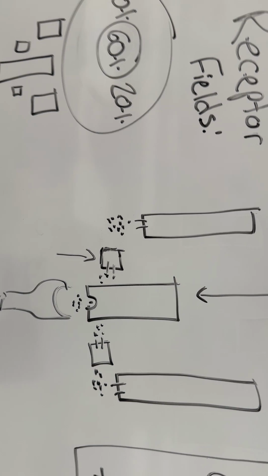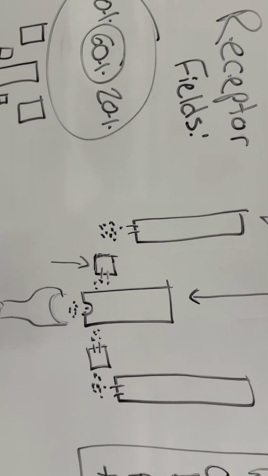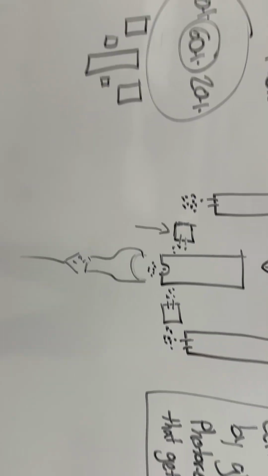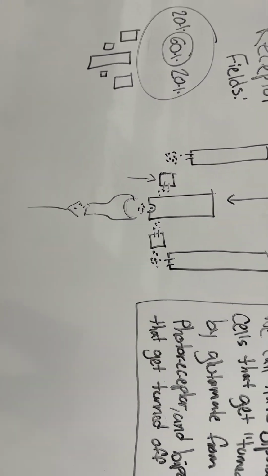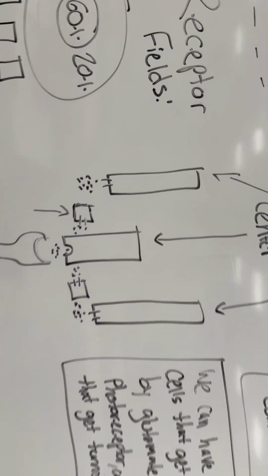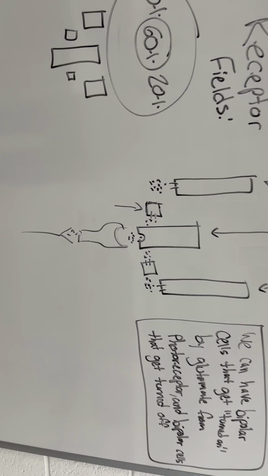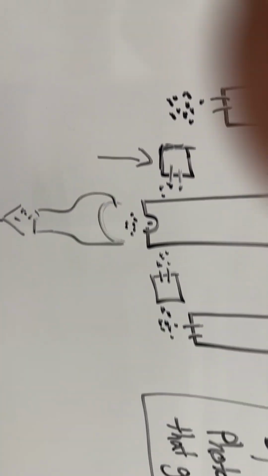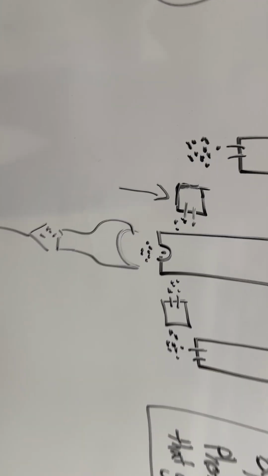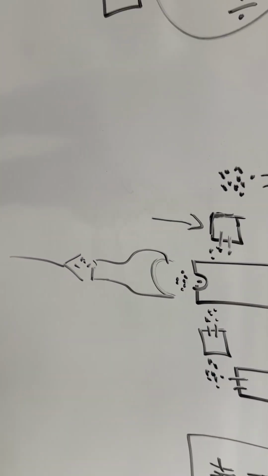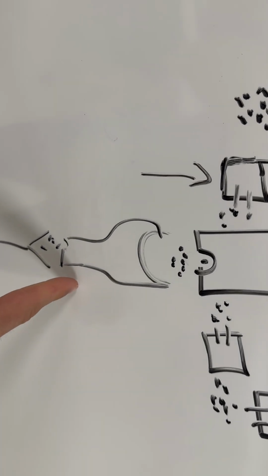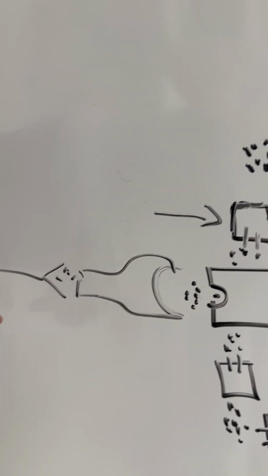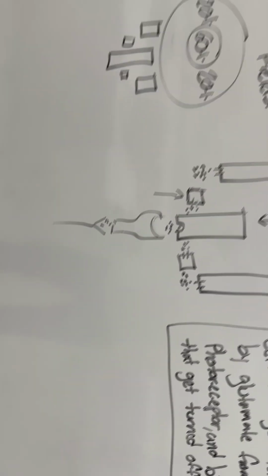And GABA is going to further inhibit the release of glutamate onto that bipolar cell. So under these conditions, on center, off surround, we're releasing the least amount of glutamate onto this bipolar cell, which means that we're releasing the most amount of glutamate from this bipolar cell onto our ganglion cell.